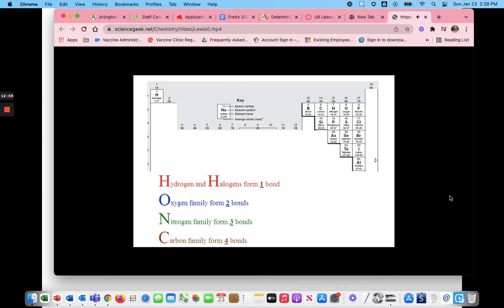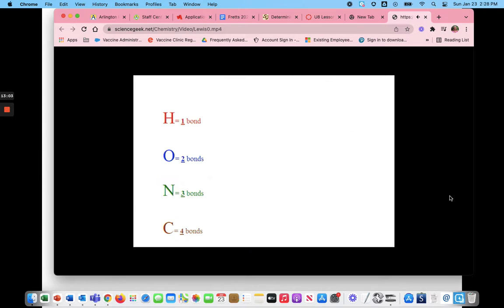So let's look at how this is useful in drawing Lewis structures. Hydrogen in a chemical compound will tend to have a single covalent bond, because hydrogen will only end up with 2 electrons around it. That bond, which is essentially 2 shared electrons, will suffice.